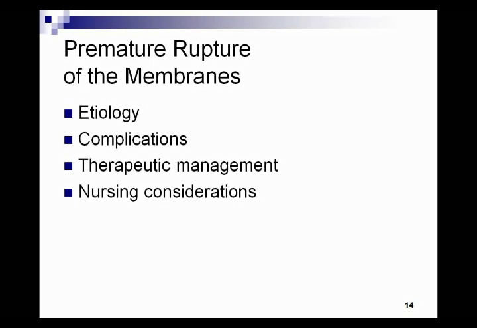Okay, premature rupture of membranes. Rupture of the amniotic sac before onset of true labor is called premature rupture of membranes. There are several conditions that can do that. That includes infections such as group B strep or any of our STDs.